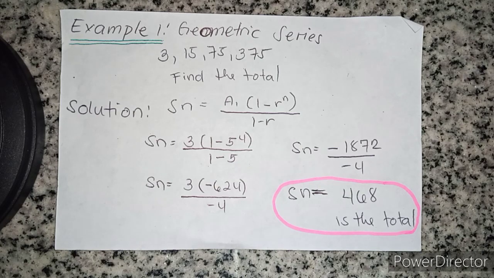So the total of this 4-term sequence is 468. Okay? By using this formula, you don't need to calculate the sequence manually. So that's all for today. Thank you.